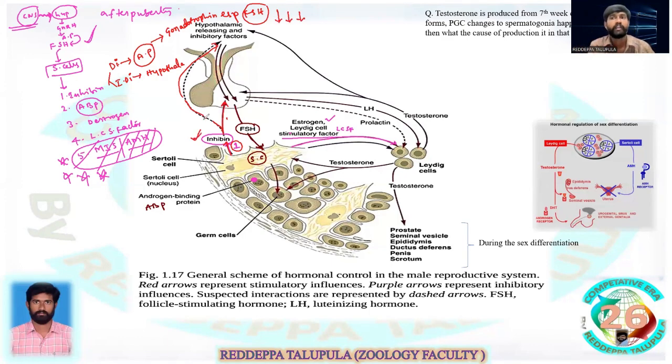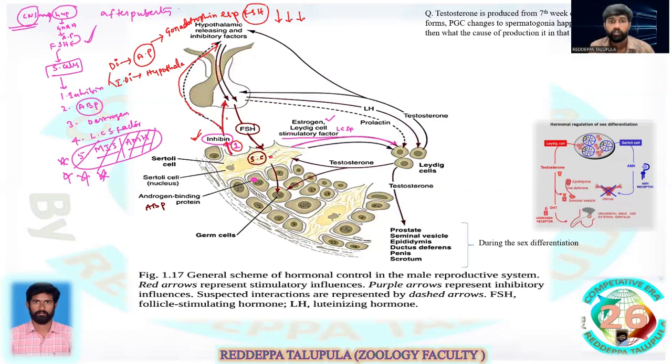Keep it in mind, not every hormone released by the gonads is a steroid hormone, because inhibin is a peptide hormone, a protein hormone. The hormone is secreted by the sexual cells, that means the somatic cells of the seminal epithelium.